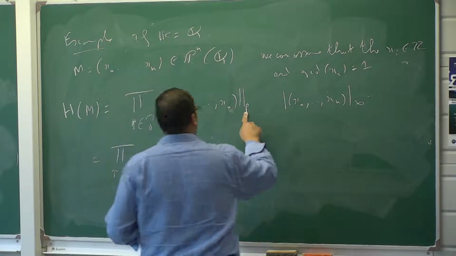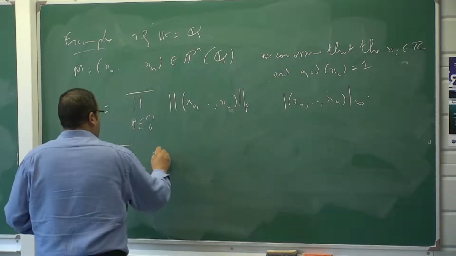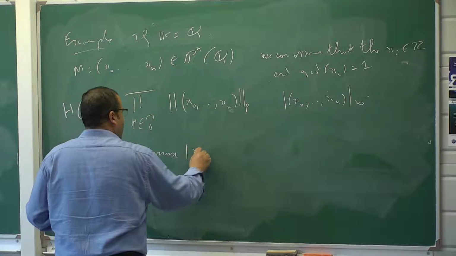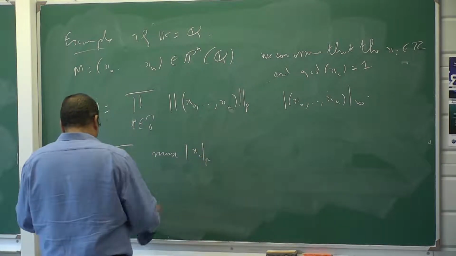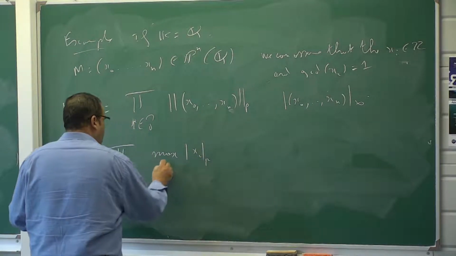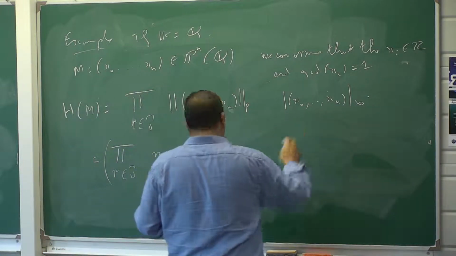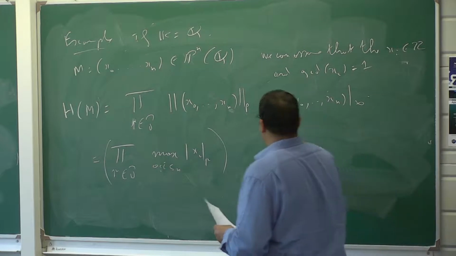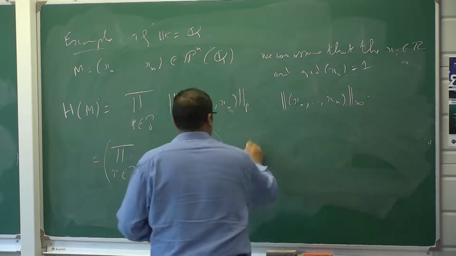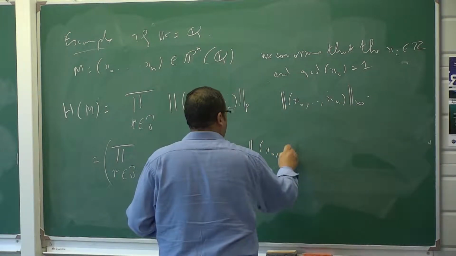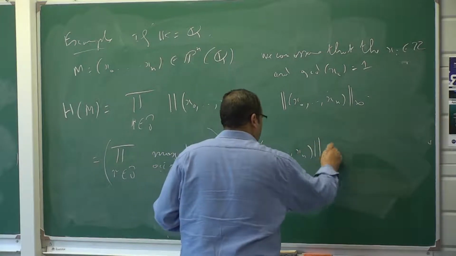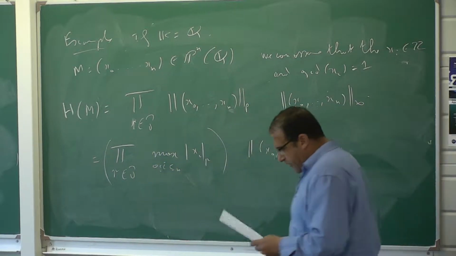So for finite place, we define this as the maximum of |x_i|_p for i from 0 to n, and here this is the value at the Archimedean place.